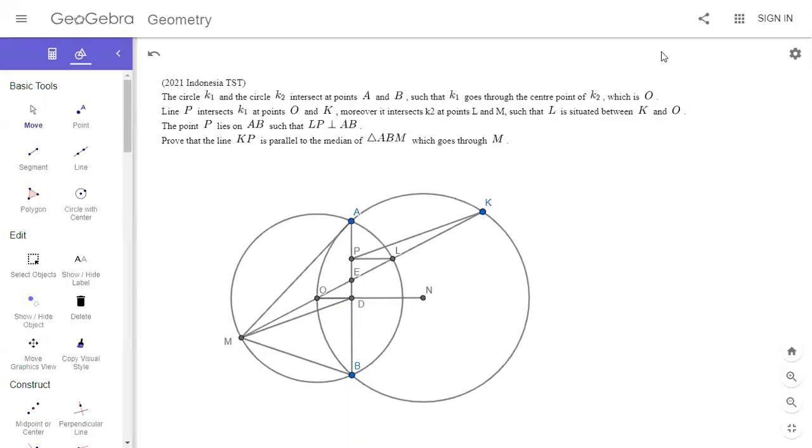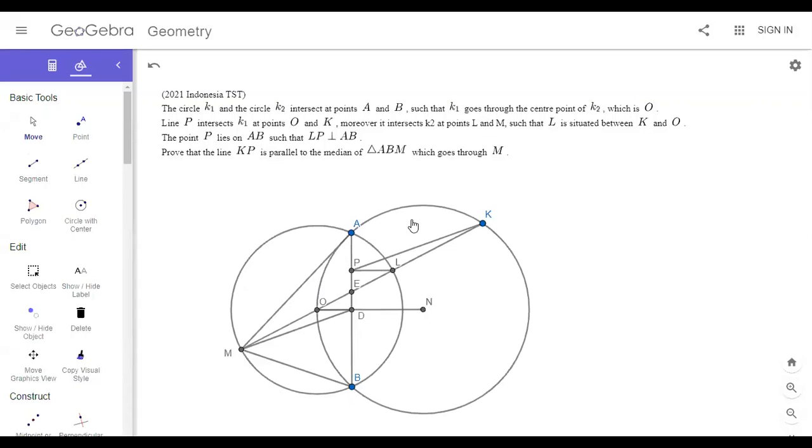We need to prove that KPL equals MDO. Oh, in-center, X-center lemma. I'm sorry, I missed your suggestion. So wait, is this actually an isosceles? No. Triangle KAB.